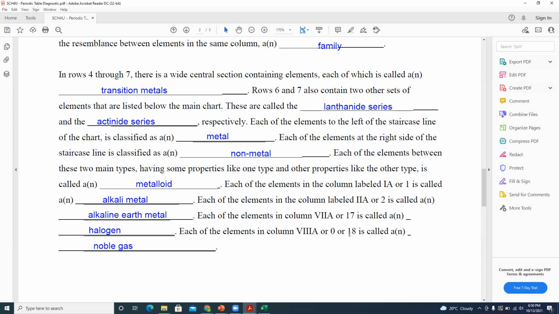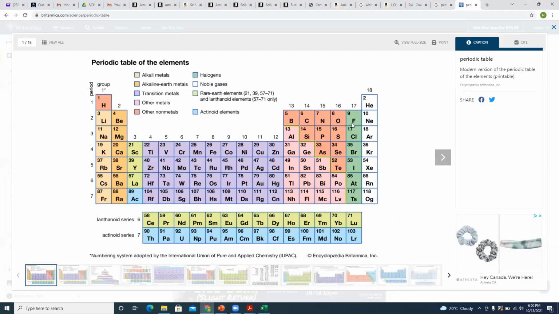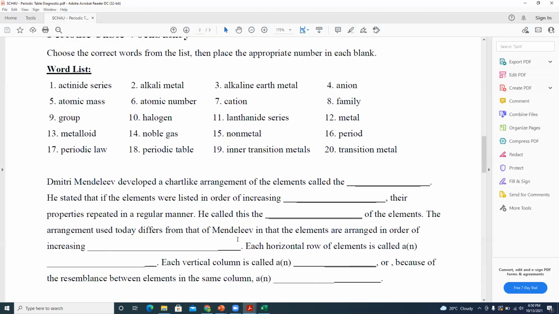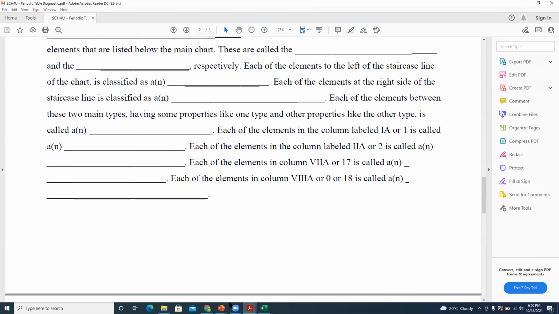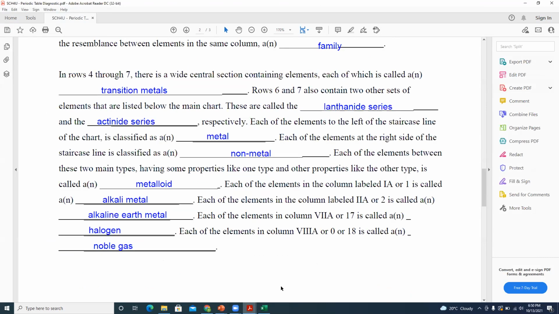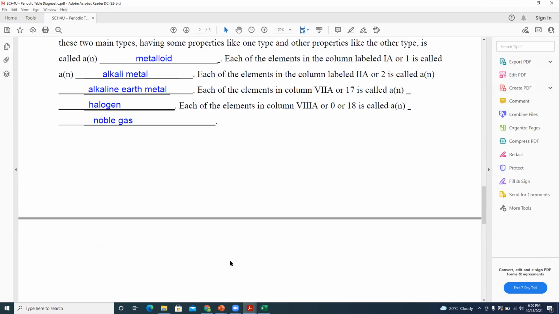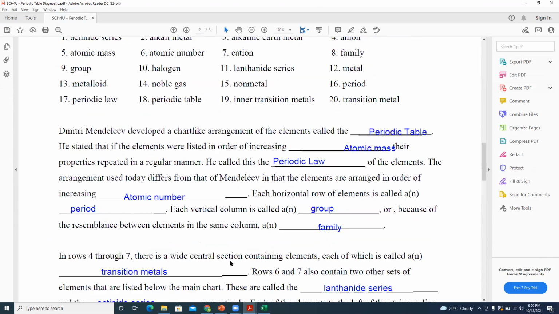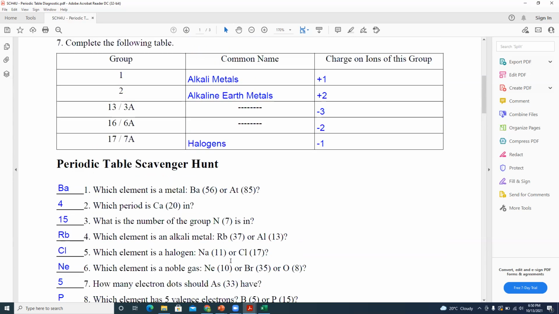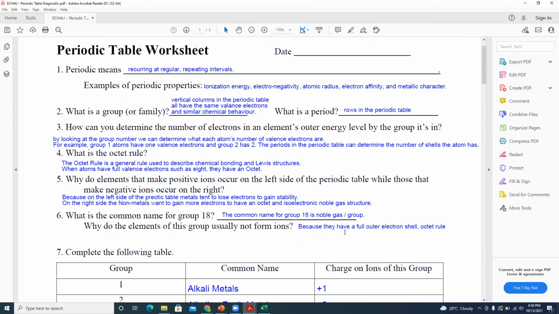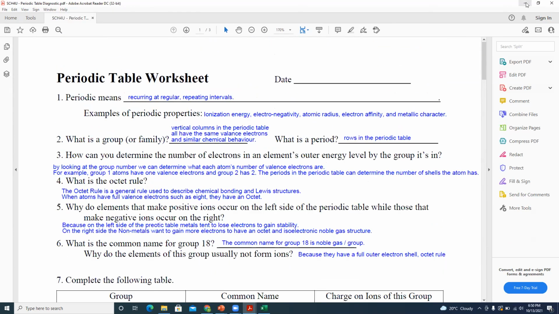And in 18 or 8A, they're called the noble gases. So that was this area here and this area here. We finished the periodic table, and I think I covered everything here. Okay, perfect.